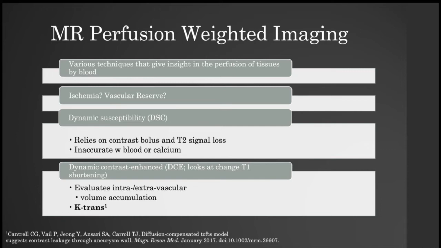So this K-trans, for some reason, just really hasn't caught on in a lot of places. It's been around, as you see, this is from 17, but it's been around even longer than that. But I think we're looking for ways to tell if aneurysms have ruptured or not, and this K-trans sequence is one of those.